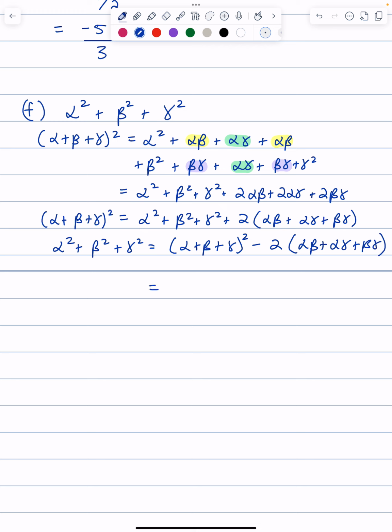So on my right hand side, the sum of the roots was minus 5 over 6, and that will be all squared, minus 2 times the pairs of roots, which is minus 2 over 3. When I put that into my calculator, I end up with 73 over 36.